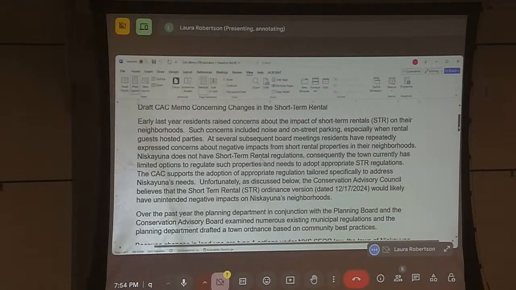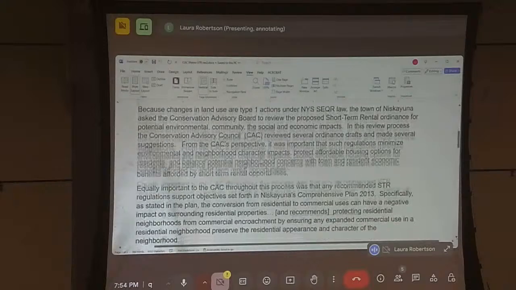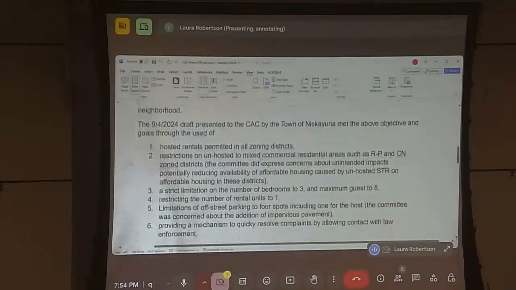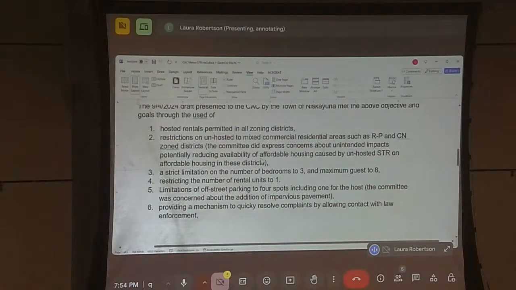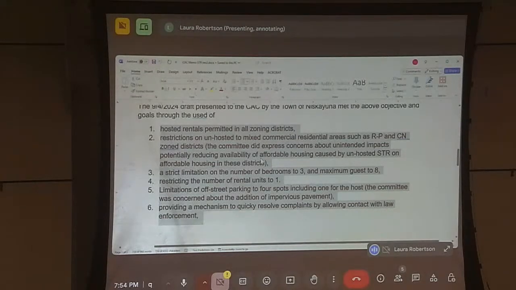Also, you said the parking was relaxed and guests are now permitted. Yes, and the number of guests. For example, if you had a 7-bedroom house, which there are some in Niskayuna, with the modified ordinance, if that were to be adopted, you'd have 7 bedrooms, so you could have 15 people at the residence.